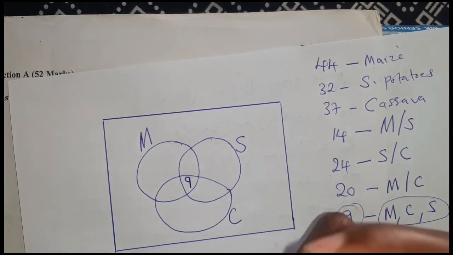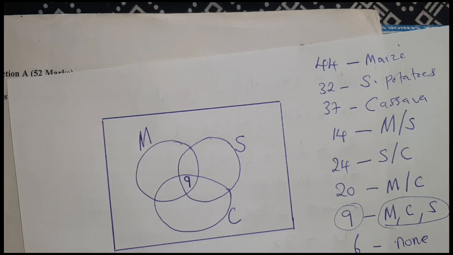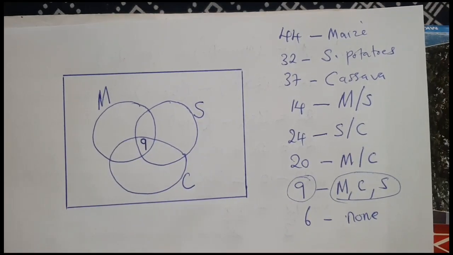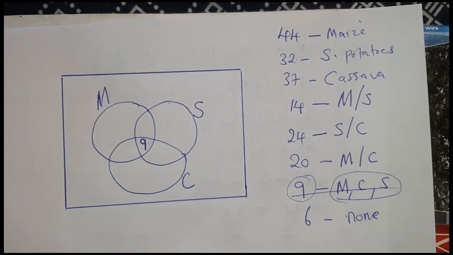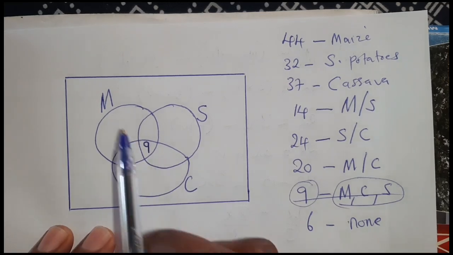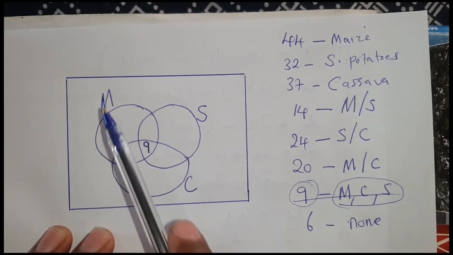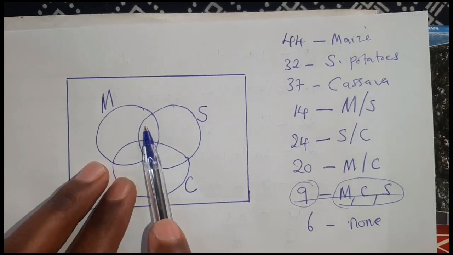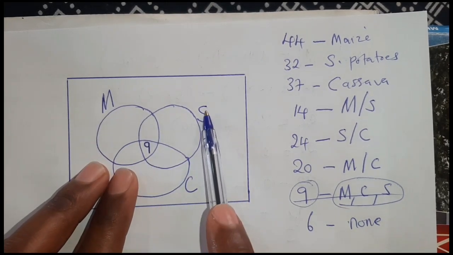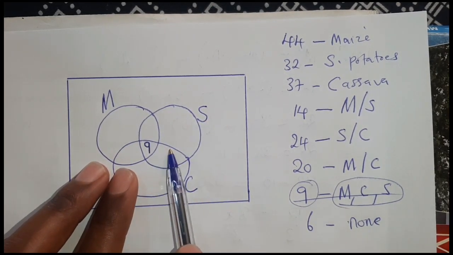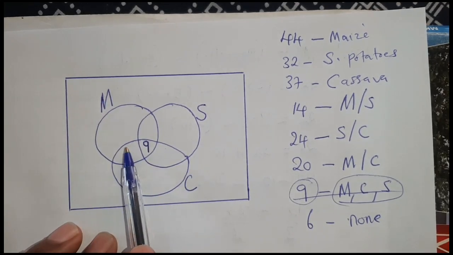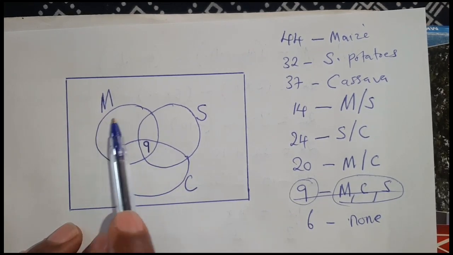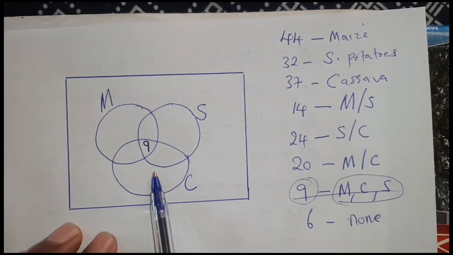Okay, we put a 9 in there. After putting a 9, so this one is gone. Now we'll go for intersection of two sets. So what is common in maize and sweet potatoes, we put here. Again, what is common in sweet potatoes and cassava, we put here. Maize and cassava, we put here. After that, that's when we will fill in now the singular sets.